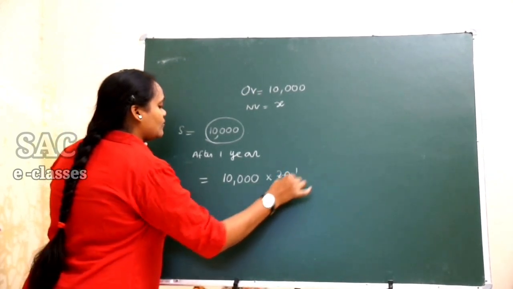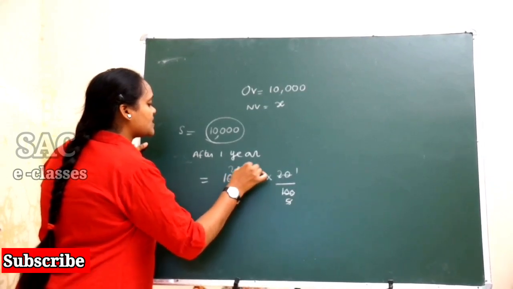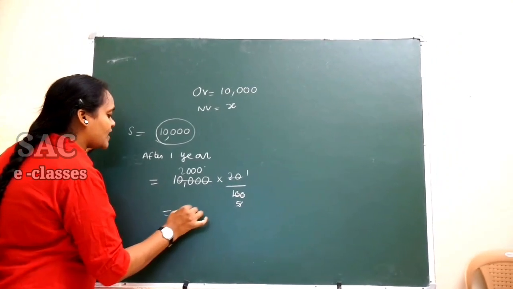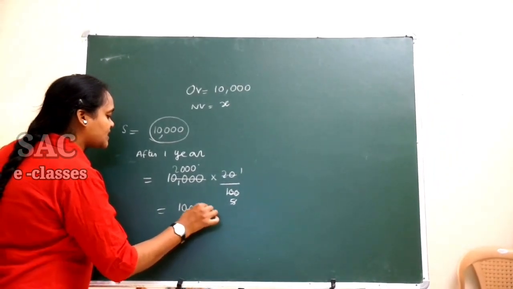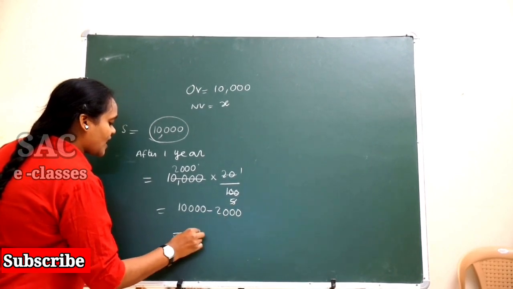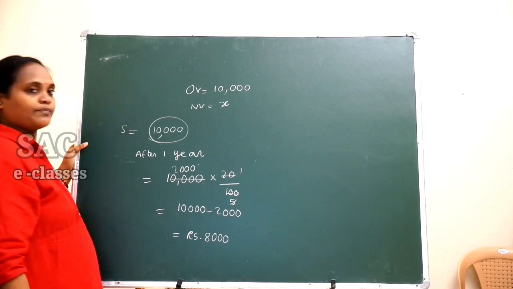So 2,000 rupees is depreciated. So actually, 10,000 after 1 year is 10,000 minus 2,000. After 1 year the scooter cost is 8,000 rupees.